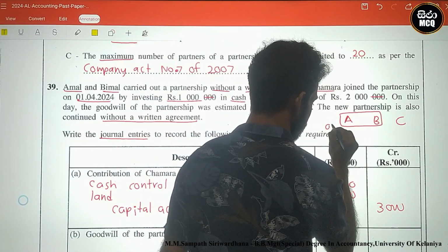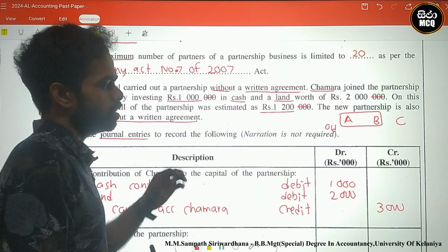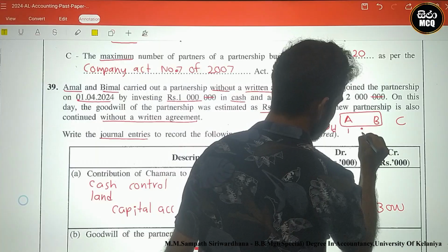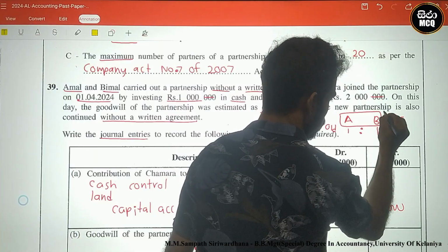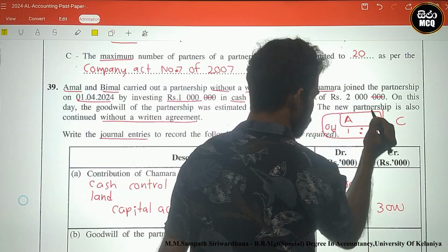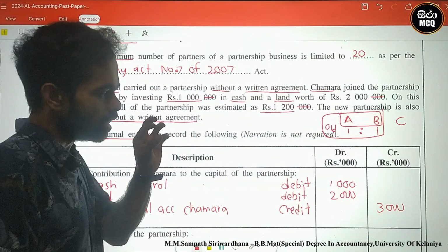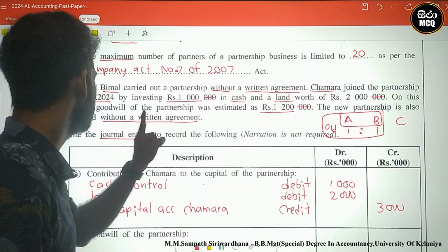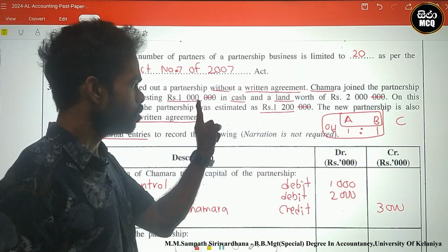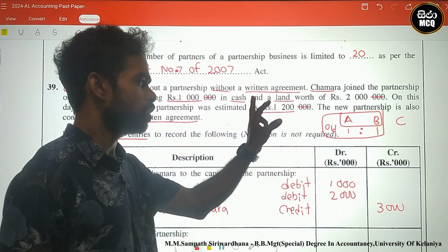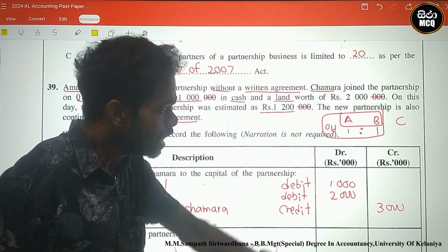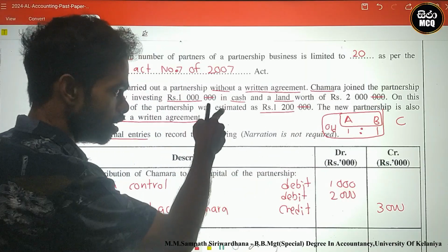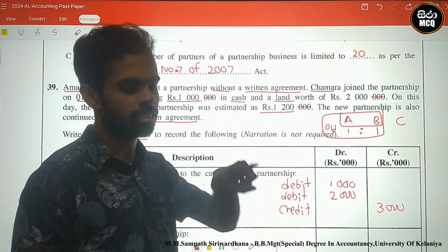Therefore, the old ratio is equal, 1 to 1, only A and B. So we credit the capital accounts in the old ratio with the total estimated goodwill of 1.2 million, 1,200. We credit the capital accounts equally to A and B, which means 600 and 600.